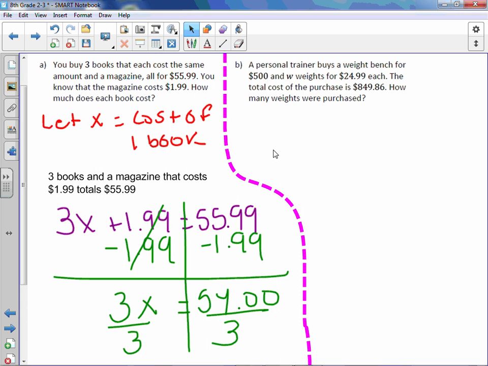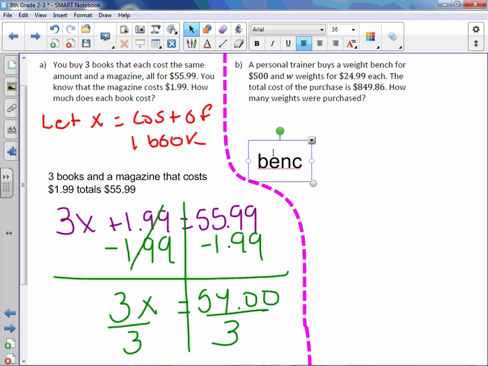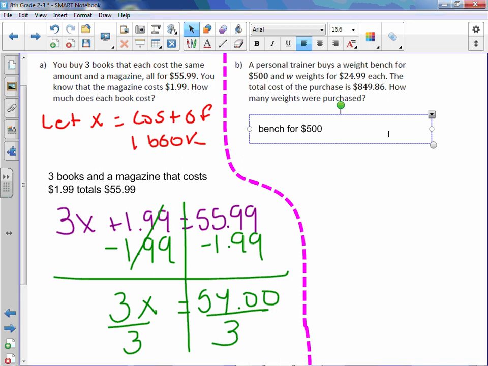But let's summarize what we have here. There's a bench for $500 and weights for $24.99. That total $849.86.